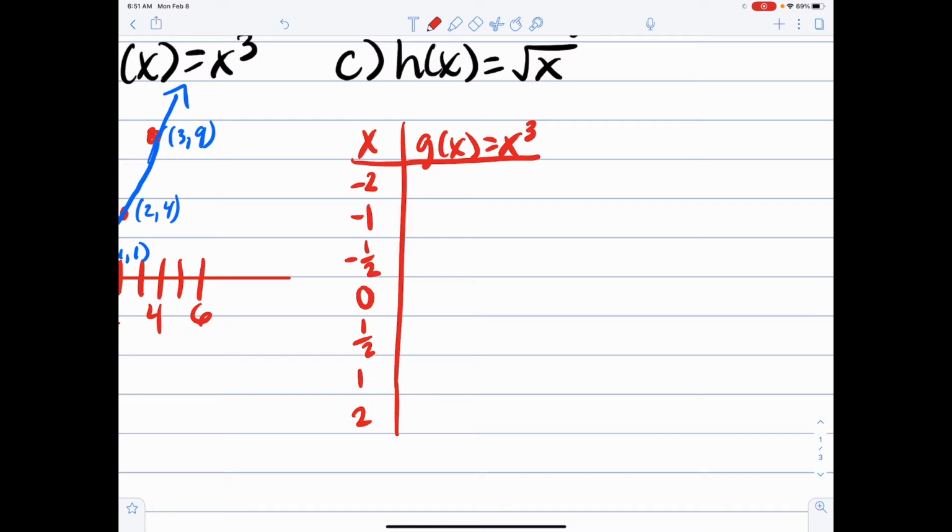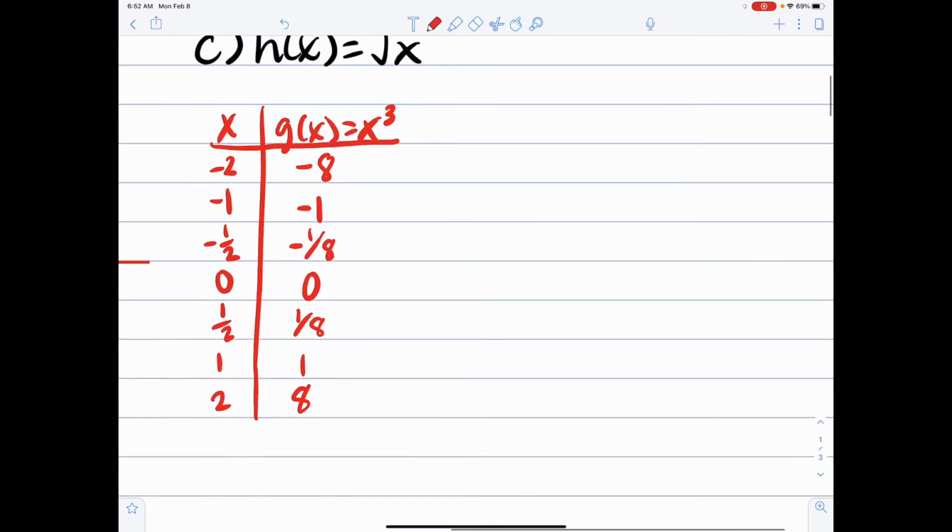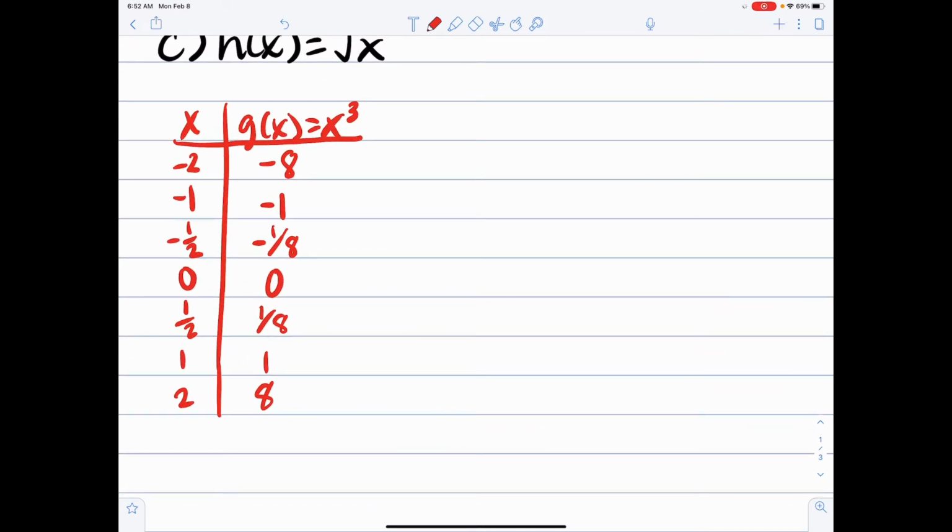-2 cubed becomes -8 because -2 times -2 gives you +4, but then times -2 again gives you -8. So a negative number cubed is going to be a negative answer. Same thing with -1, and -1/2 gives you -1/8. And then the positive versions of that with the positive. Okay, so we can plot this.